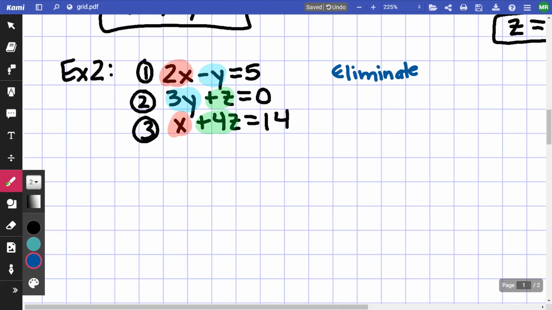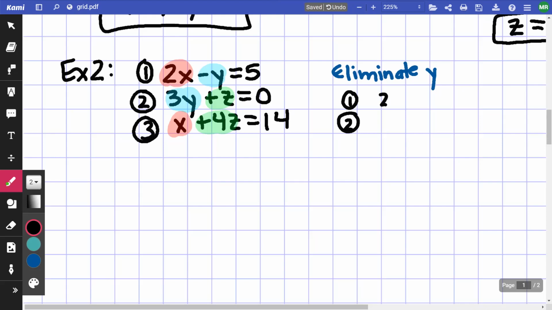So if I am eliminating my y, I am going to take equation 1 and equation 2, okay?